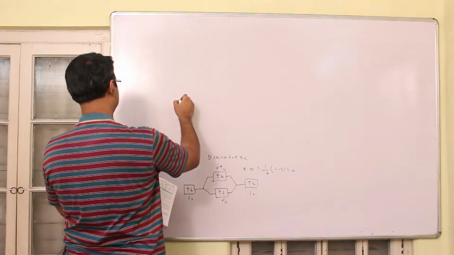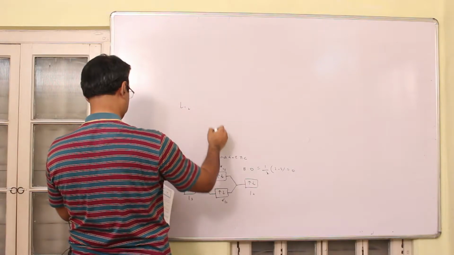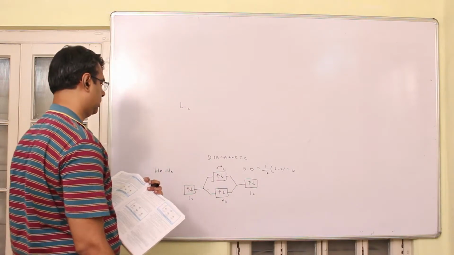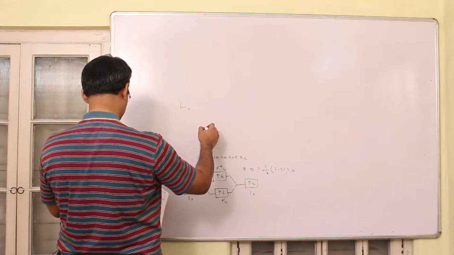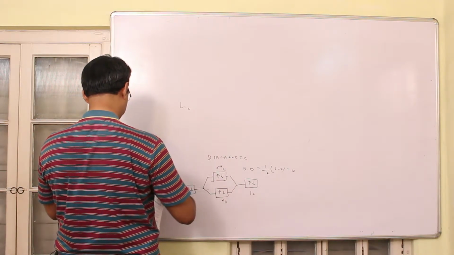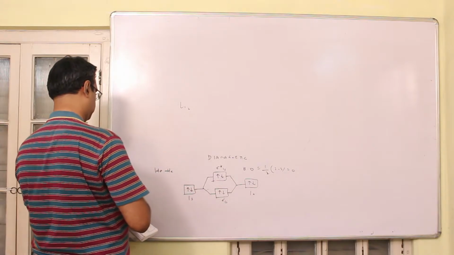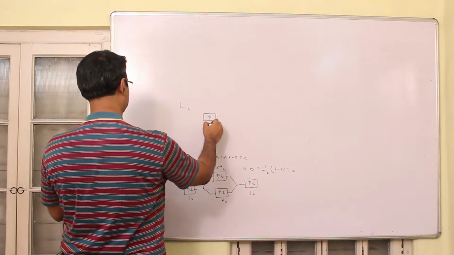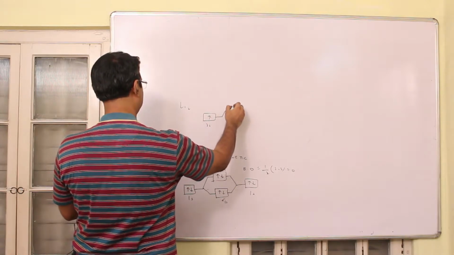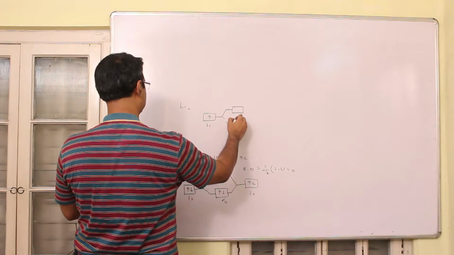Now let us consider Li2. As you would expect, apart from the sigma 1s and sigma star 1s, in Li2 you will have 2s also. So I am directly going on to the 2s.